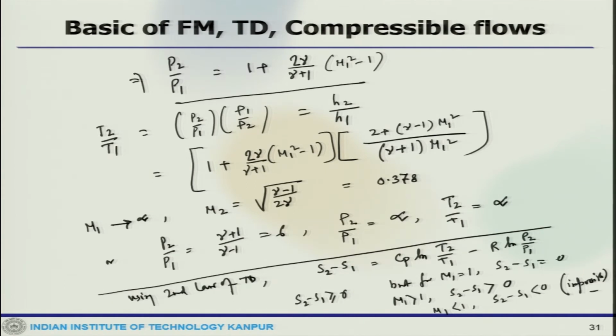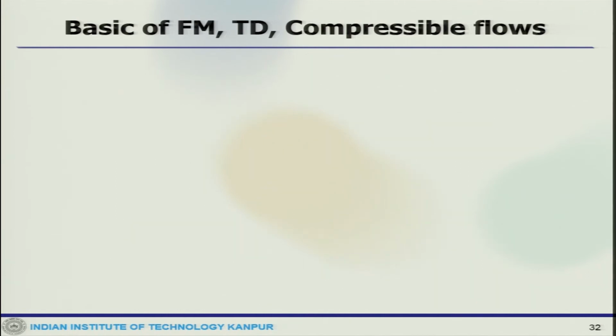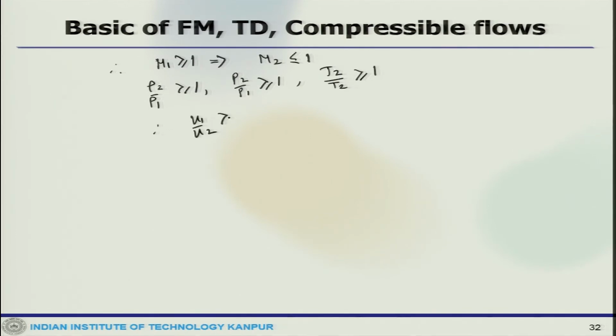Why? Now, another situation, since m1 is greater than or equal to 1, which means m2 has to be less than or equal to 1. So, rho 2 by rho 1 is greater than or equal to 1, P2 by P1 greater than or equal to 1, T2 by T1 greater than or equal to 1, U1 by U2 greater than or equal to 1.